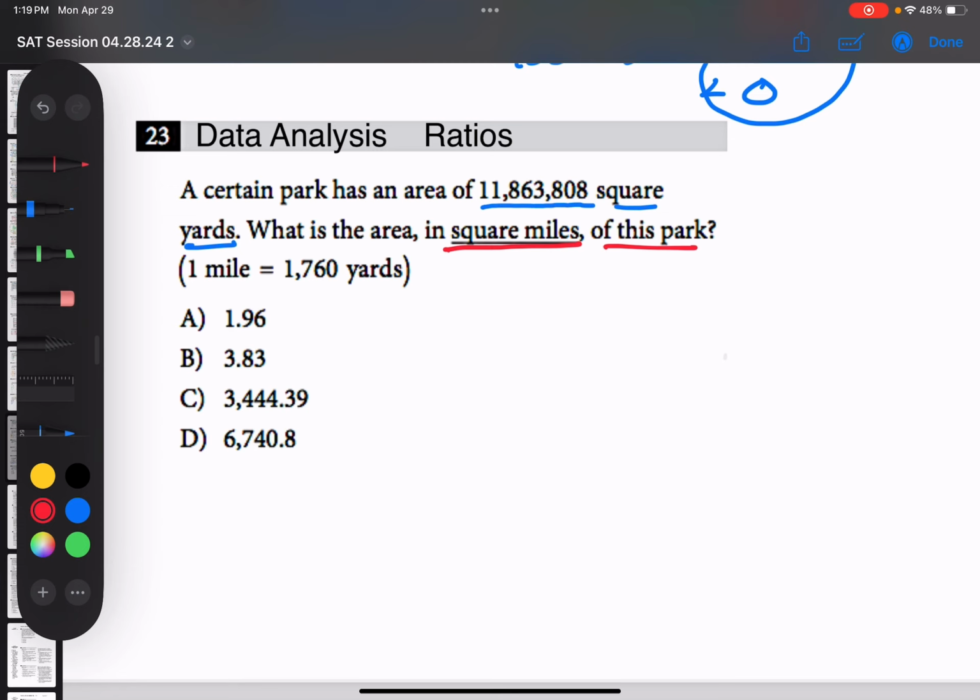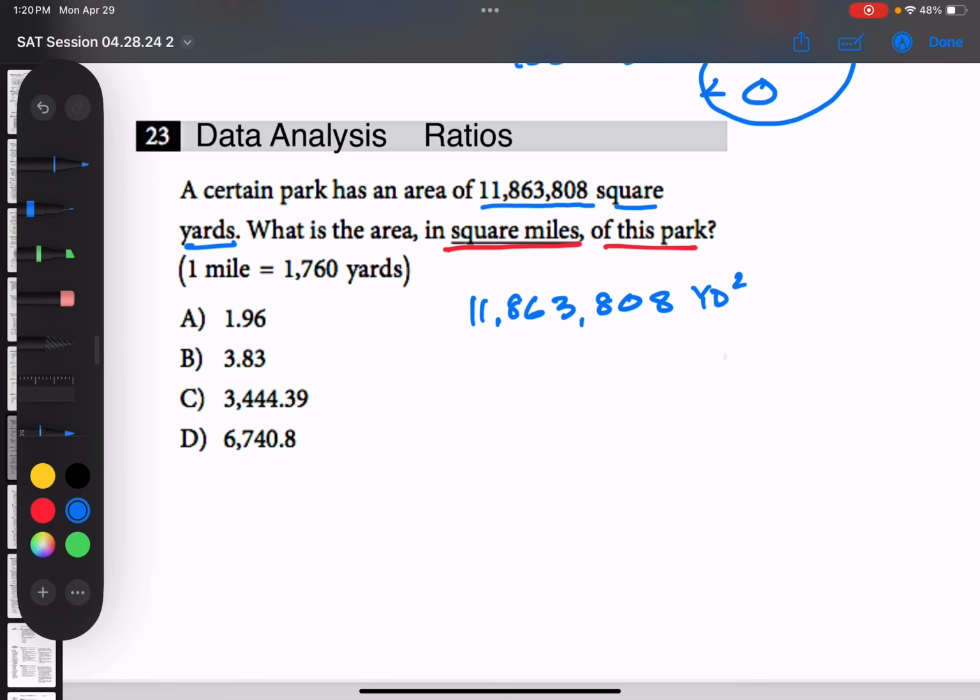But let's go into a conversion. So let me write the 11,863,808, and that is yards squared, right? So let's go with the square root of that. Hopefully you got your calculator. I have a dollar store calculator, and it kind of works.